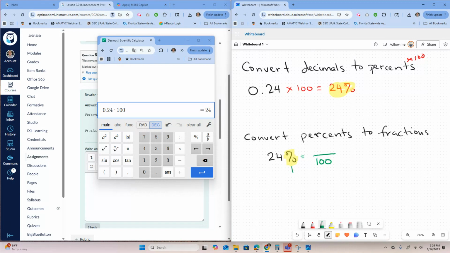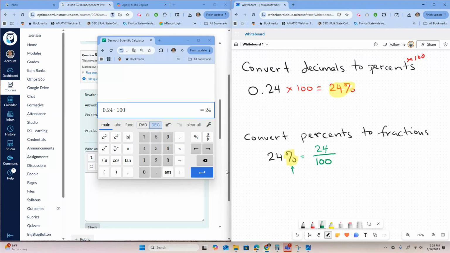I don't know if you have noticed that the percent symbol has a diagonal line and 2 little circles. Those two, that diagonal line and those 2 little circles, is really 100, a 1 followed by 2 zeros. And then the number that is before the percent sign, that's what you put on the top of the fraction.